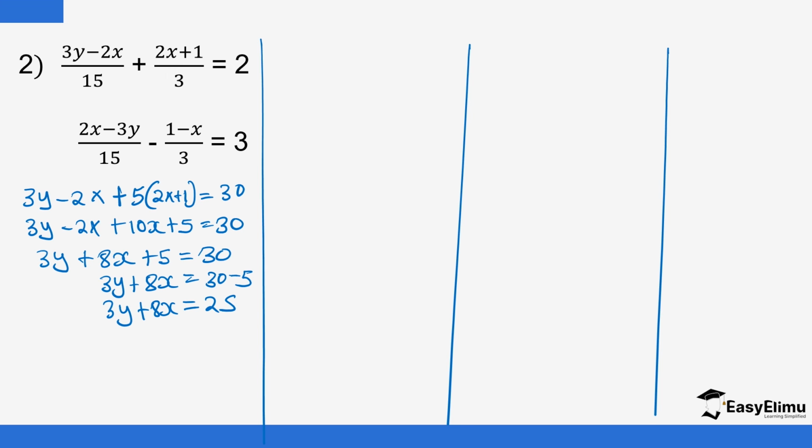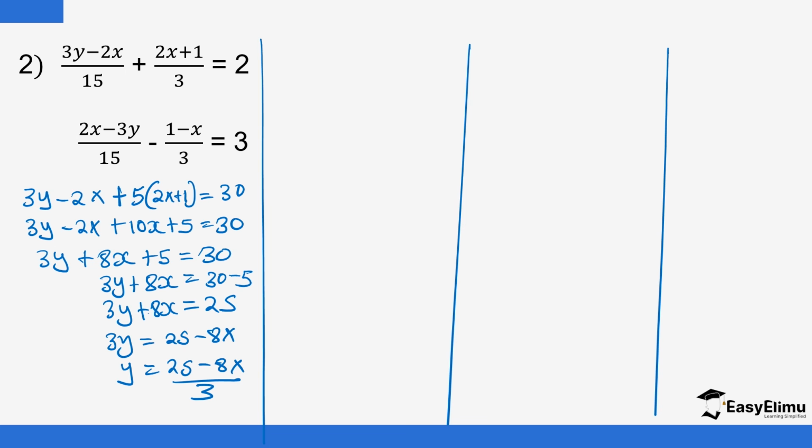You can make y the subject. So 3y is equal to 25 minus 8x, and therefore y, 8x crossing to the other side becomes minus. So y is equal to 25 minus 8x over 3, dividing both sides by 3.